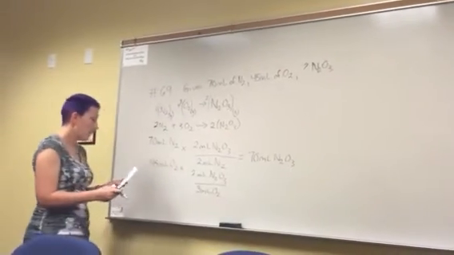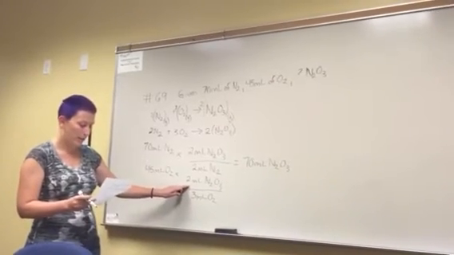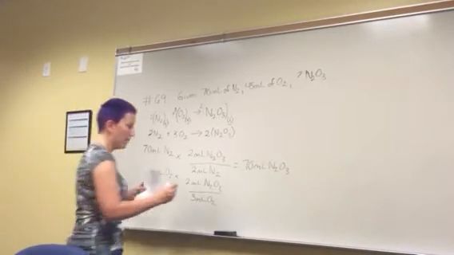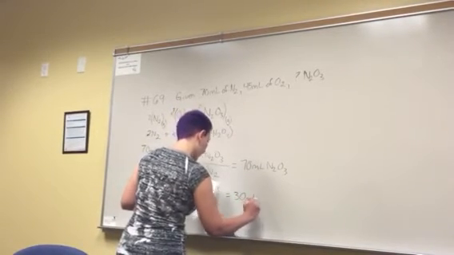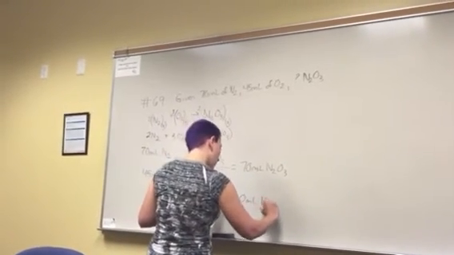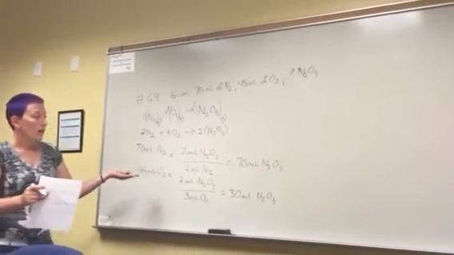Okay, so there we are. I multiply across: 45 times 2 divided by 3 gets me 30.